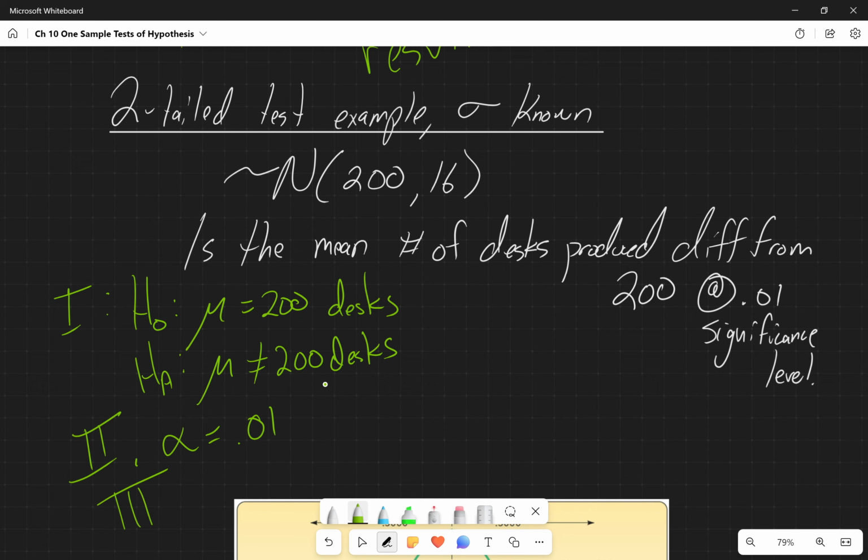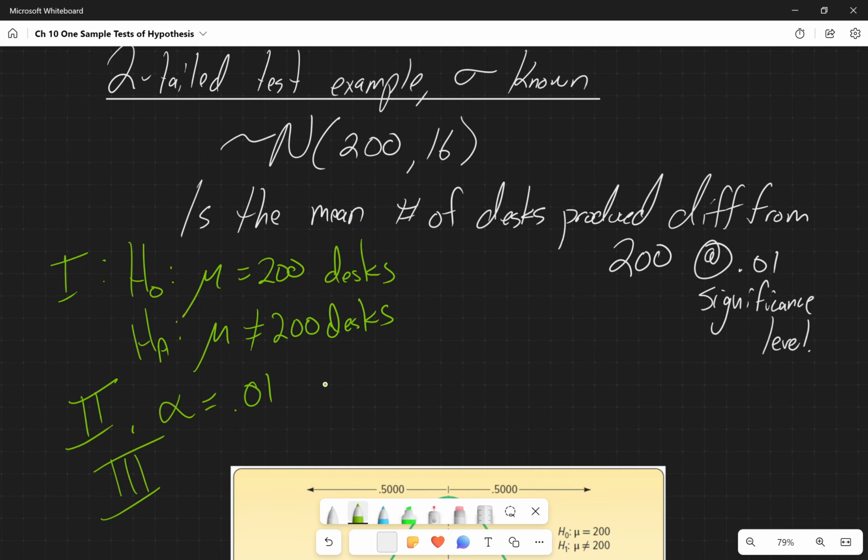The third is to calculate the test statistic. We're going to use a z statistic. And we're going to take x bar, minus mu, and divide it by sigma over square root of n.